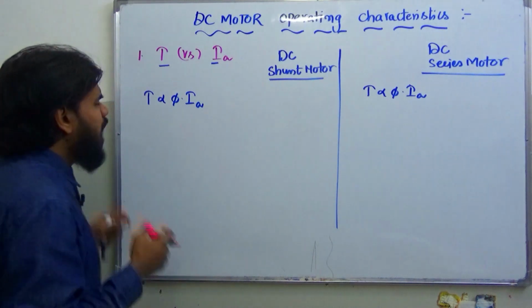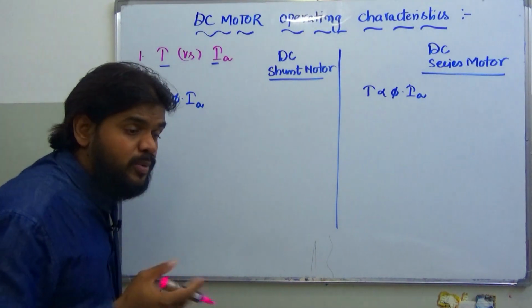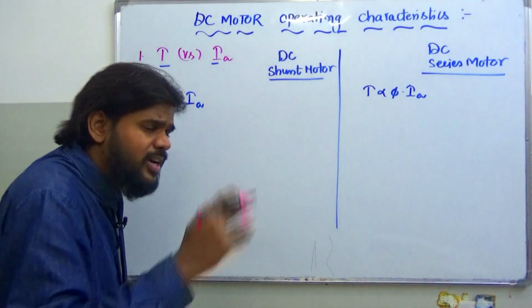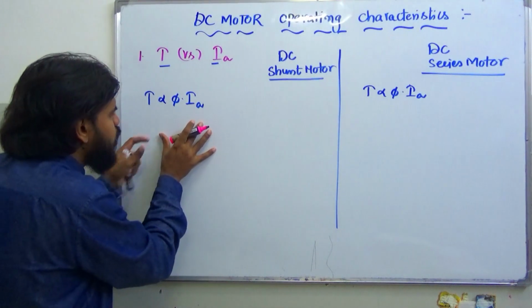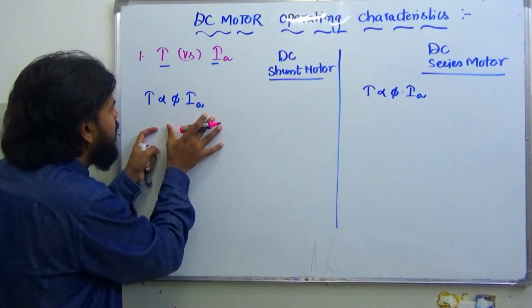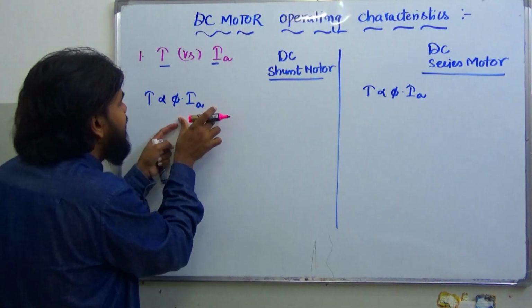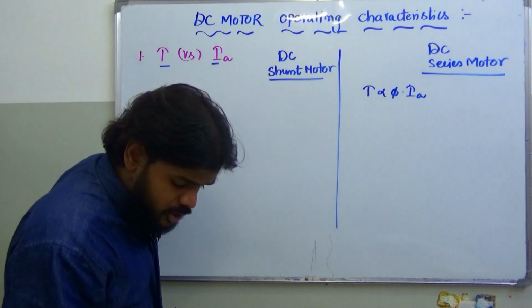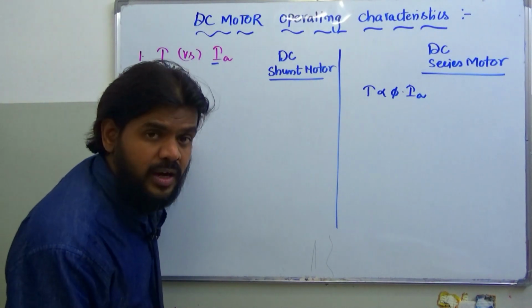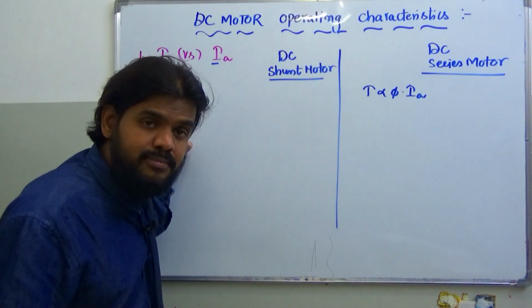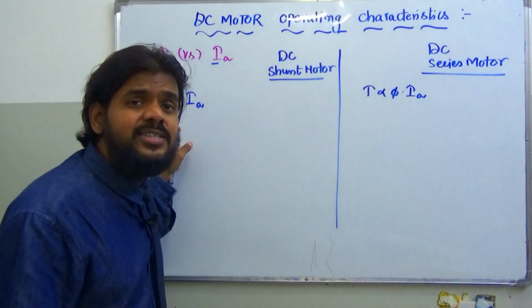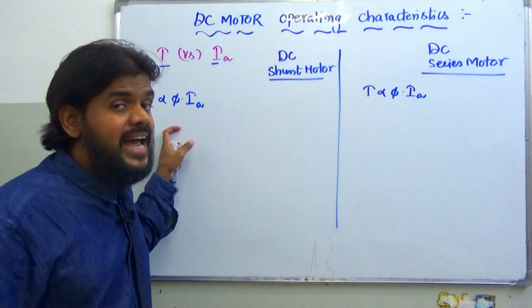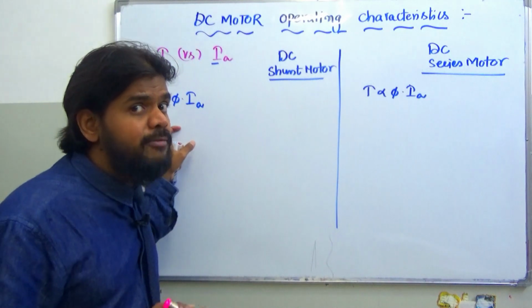Okay, so now we'll try to analyze the variation of torque with respect to Ia, right? So if I have to understand the variation of torque with respect to Ia, let's see that. When will Ia change? What are the conditions for Ia to change in a DC motor? Ia will change only when there is a change in the load. You have to understand this point, so listen to this carefully.